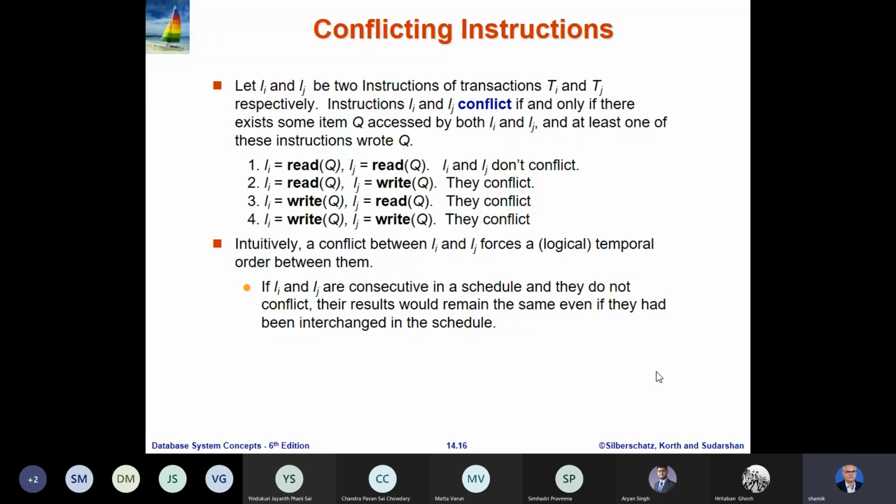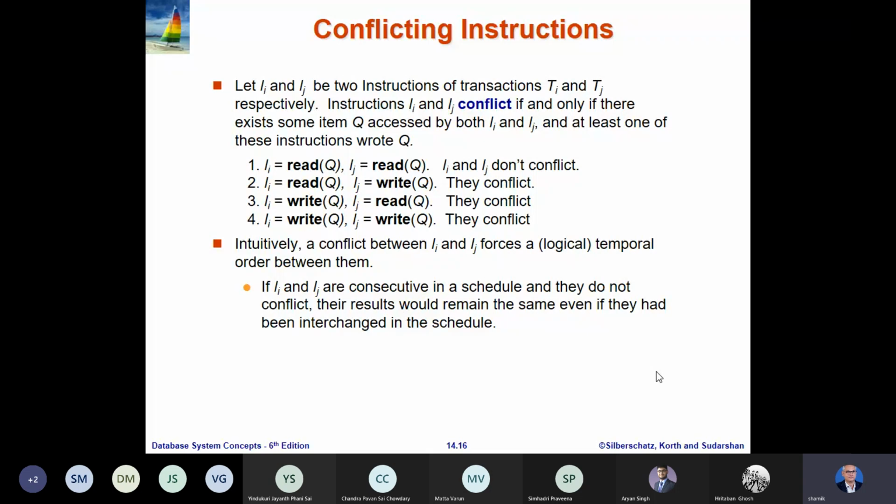If the value of Q is 100, Ii will read 100 and Ij will also read 100. Whether Ii occurs first or Ij reads Q first, there is no problem. The problem comes if one of Ii and Ij is a write operation, because then we have a conflict.